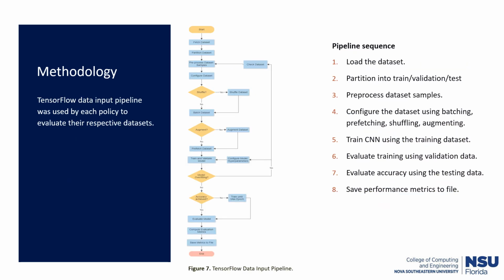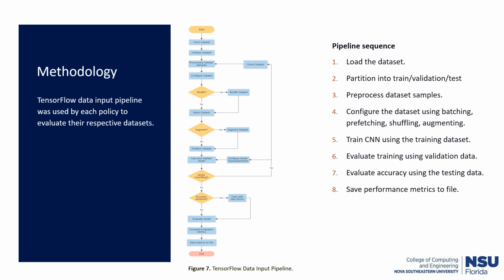Now, in terms of the sequence, a data input pipeline was created in TensorFlow, where we would load a dataset and partition it into a train, validation, and test set. Then we would pre-process the samples, such as normalizing between 0 and 1. Then we would configure the dataset using batching, prefetching, shuffling, and augmenting.